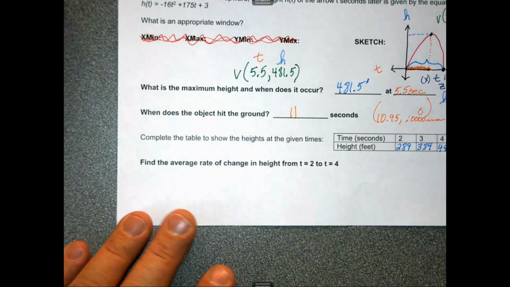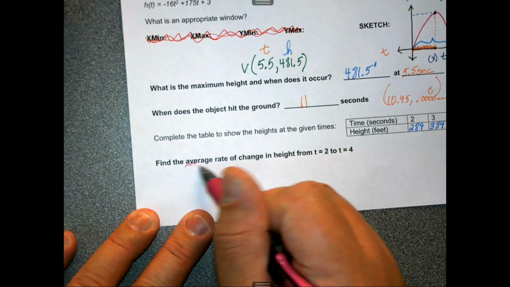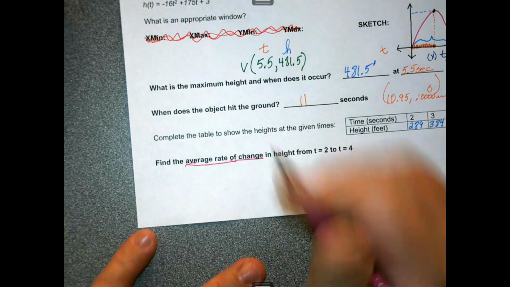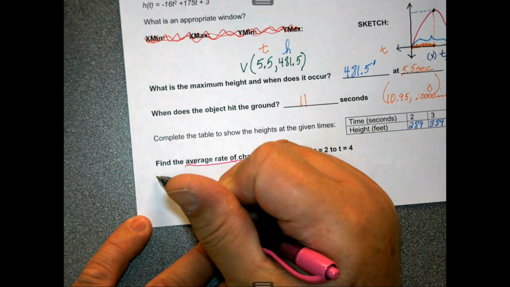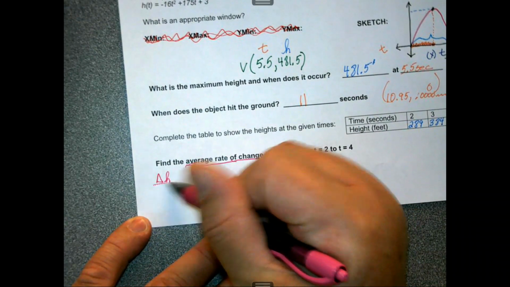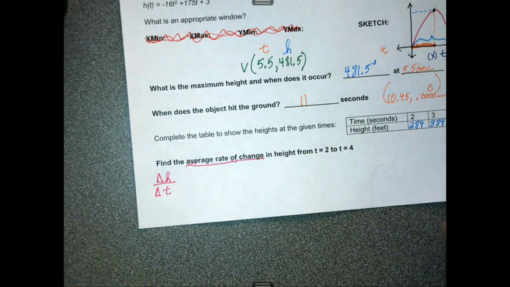Then it's asking for the average rate of change, because it's an inconsistent slope, right? So it's an average. And that is delta, the change in h divided by the change in t, or the change of y over the change of x.